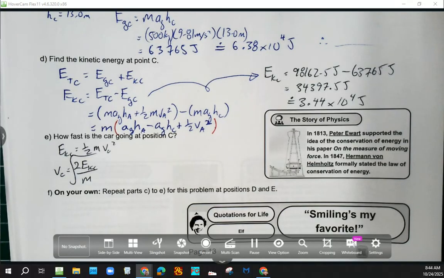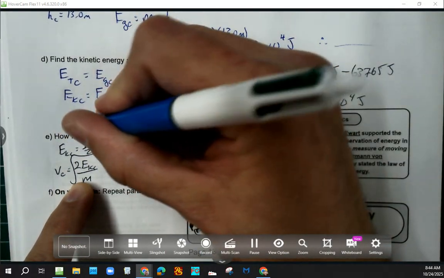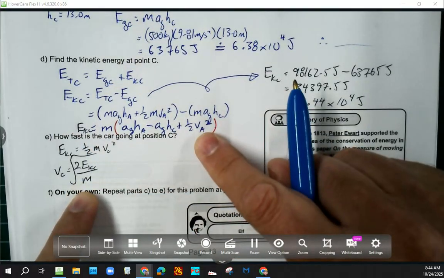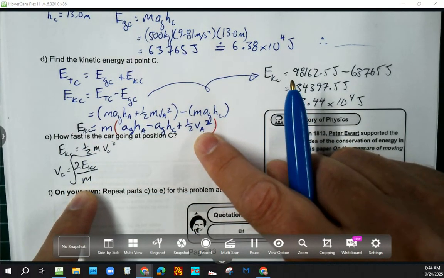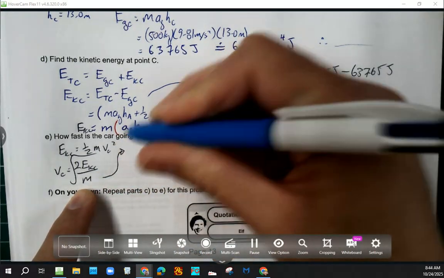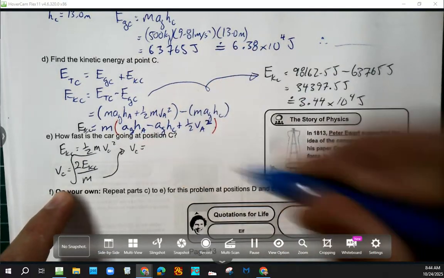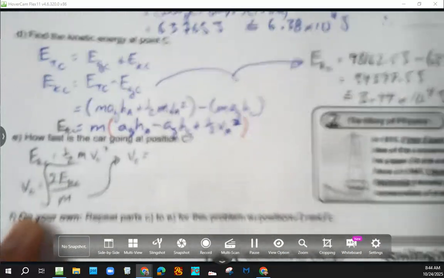But then we also know this EKC value here, you see that it could be written right here? And if I was really in love with generalized equations, I could say VC is equal to, I'll write it in small and I'll zoom in real good.